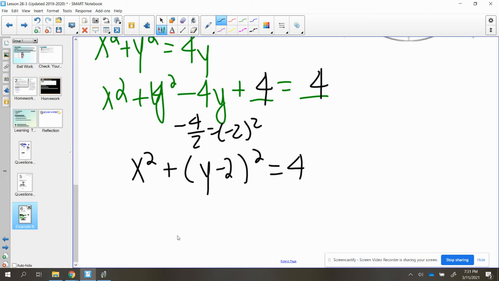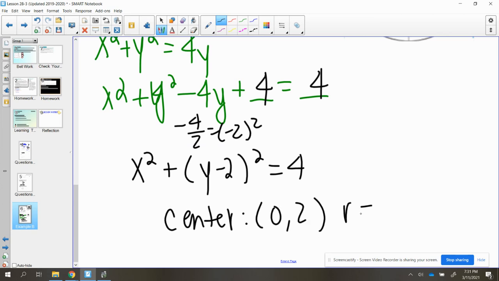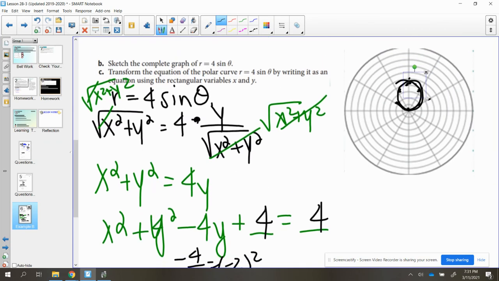So we have a circle centered at 0, 2 with a radius equal to, oh, excuse me, not 4, the square root of 4, which is 2. Which makes sense when we look at our picture. It looks like 0, 2 is our center, radius of 2 all around. Makes a lot of sense. So there's our example with the circle.